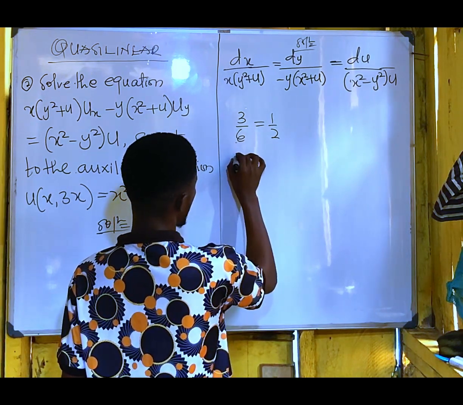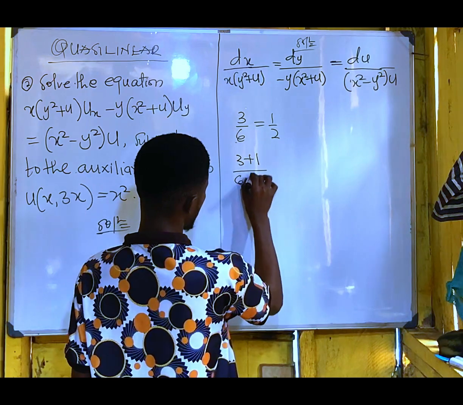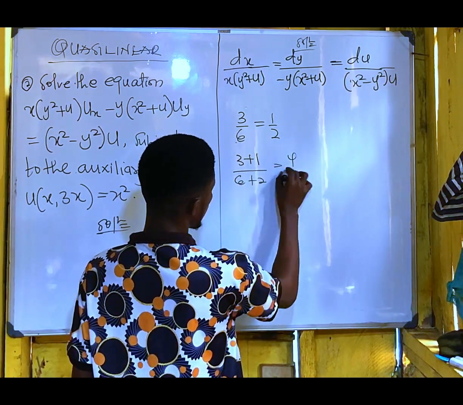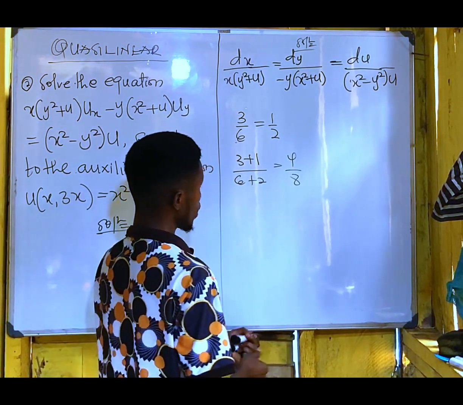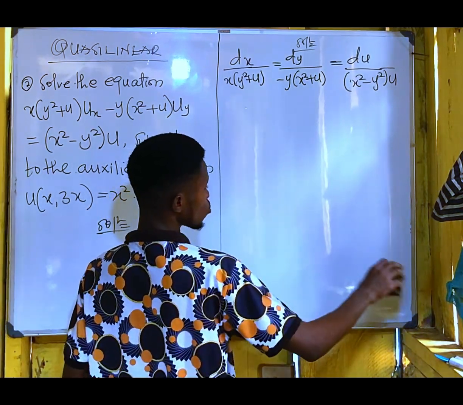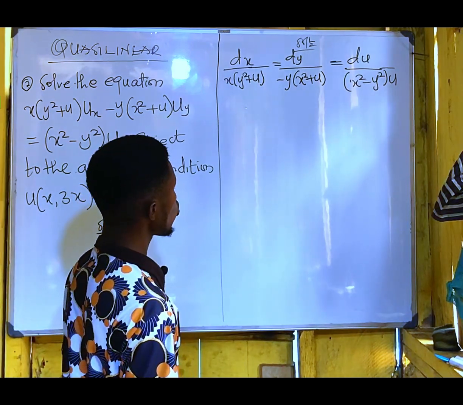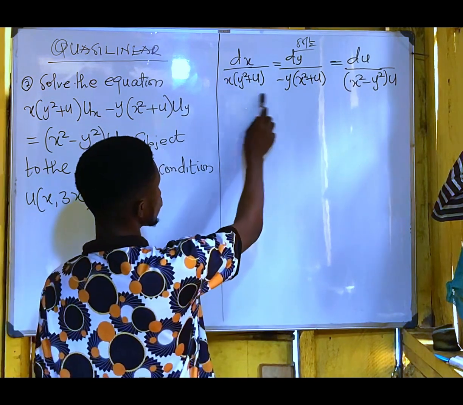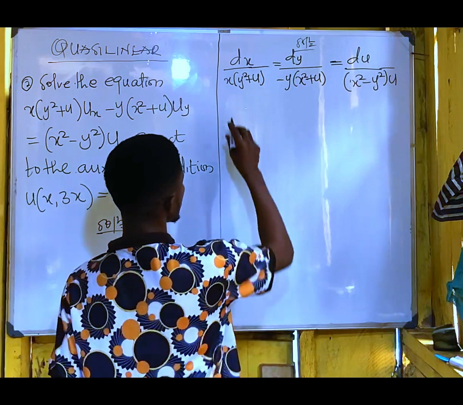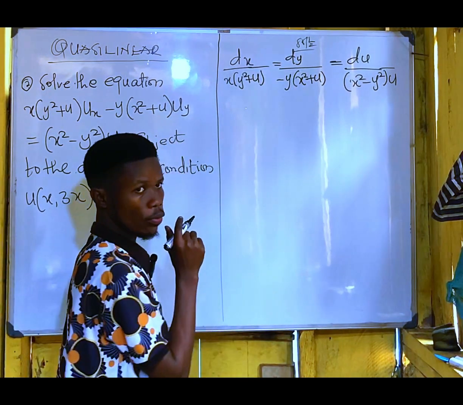This one can also be written as 3 plus 1 over 6 plus 2 to get 4 over what? 8. It is the same thing. So that's what I'm going to use here. I'm going to add this one to this. But we have to do something first.